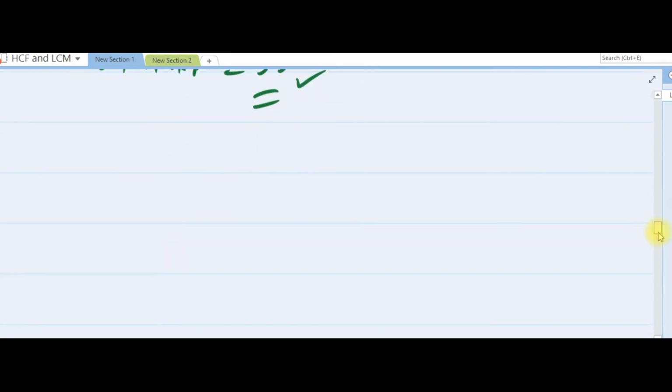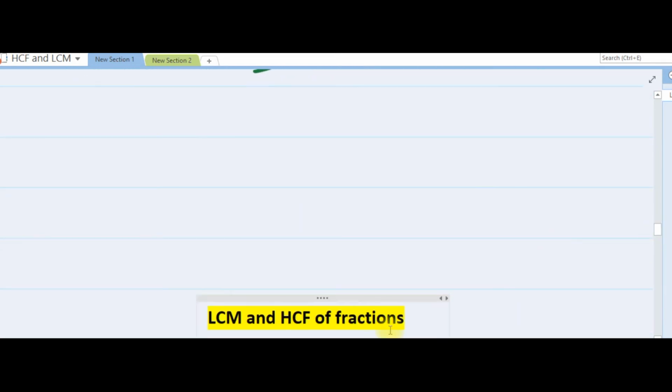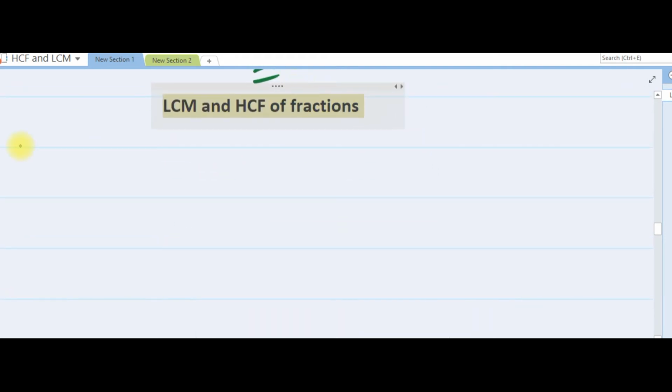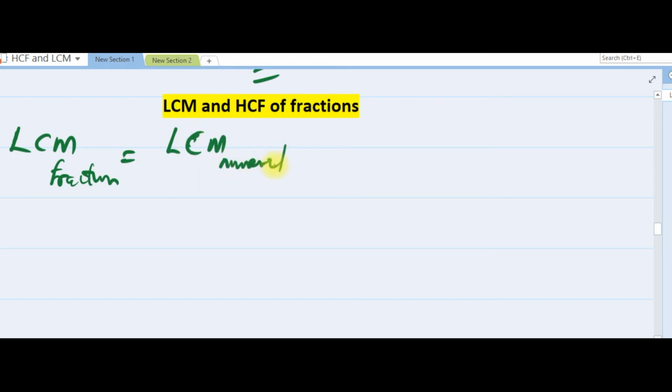So let's move to LCM and HCF of fractions. The formula: the LCM of any fraction is always the LCM of the numerators over the HCF of the denominators. So it combines both the LCM and the HCF.